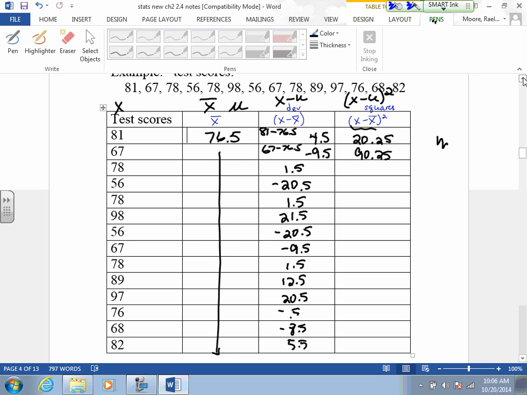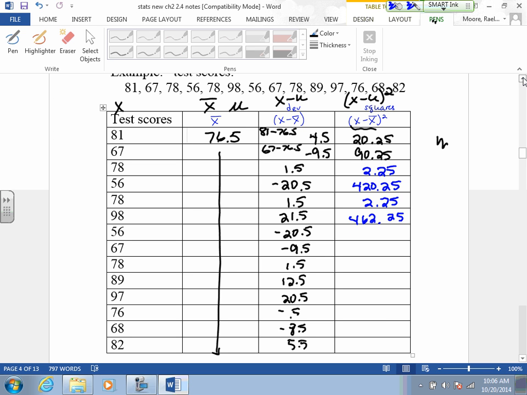Okay. So 1.5 is 2.25. Negative 20.5 is 420.25. And 2.25. I want to see this chart in everybody's notebooks. 462.25.